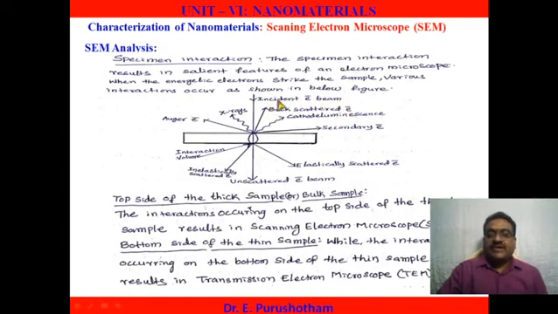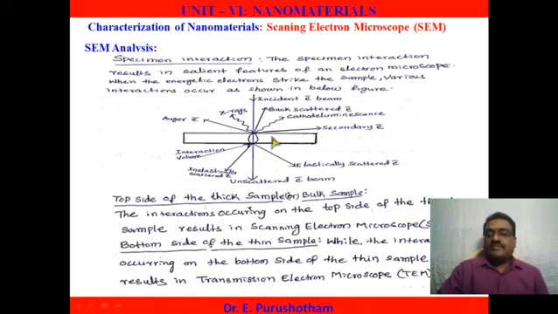The image depends upon the atomic number of the specimen. If the atomic number is more, we get a brighter image using backscattered electrons. If the sample atomic number is less, we get a less bright image of backscattered electrons.